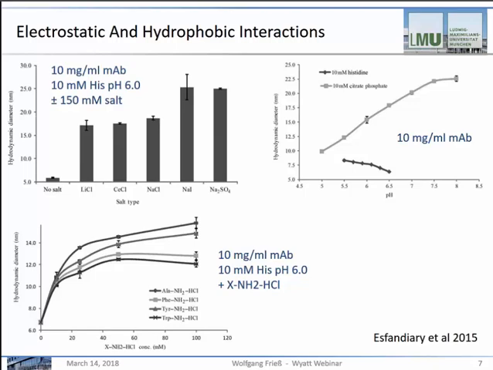What you see in the upper right corner is a comparison on the effect of pH. Interestingly, the authors concluded that the interactions are pH dependent, as indicated by the citrate-phosphate buffer combination, as the hydrodynamic diameter increases from 10 at pH 5 to about 22 at pH 8.